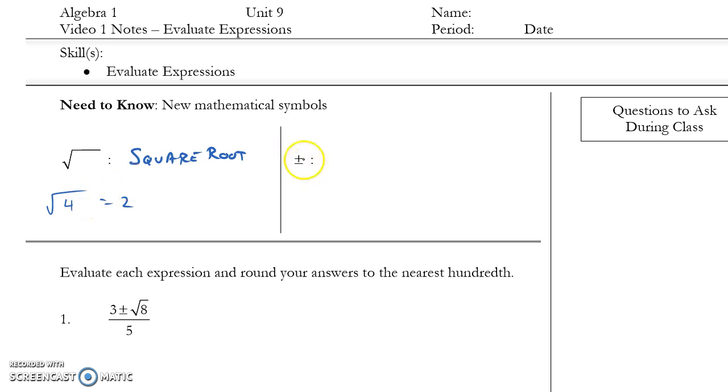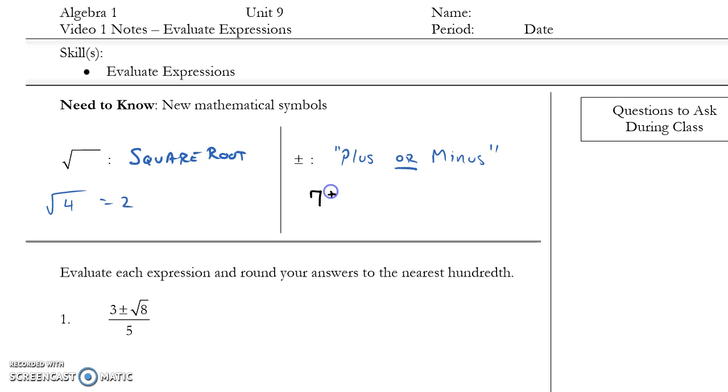The second symbol is what I call the plus minus symbol, but more specifically, I call it the plus or minus symbol. This is not in your calculator. There's no button on your calculator that would represent plus and minus at the same time. Really, what the symbol is saying is that you have two problems here.